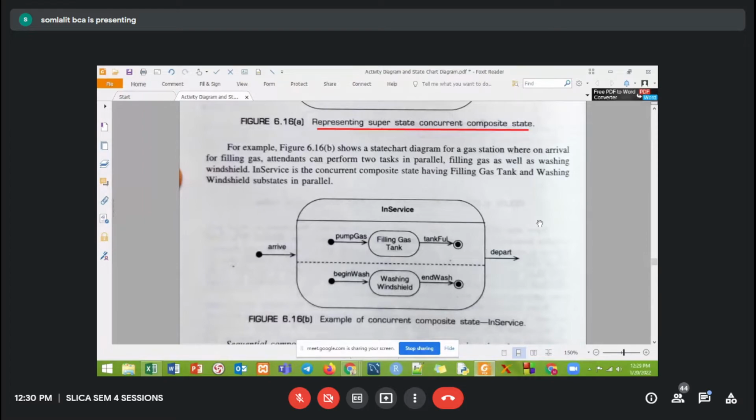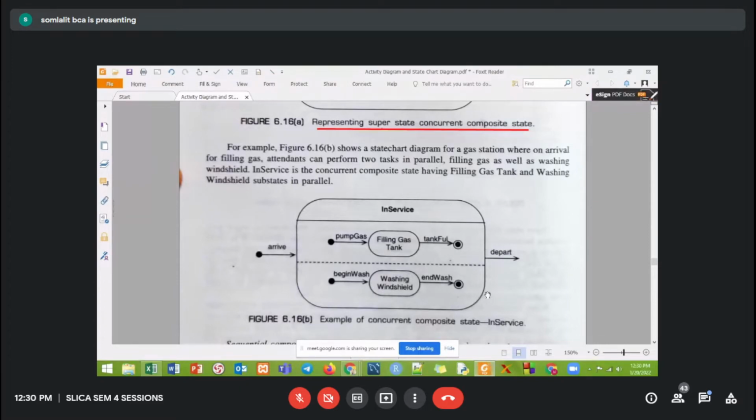So it arrives over here. Arrival is the basic initial state. The ending state is the departure. You can show a circle over here, the bullseye, and the same bullseye over here. And these two are the concurrent composite states. Filling the gas tank and washing the windshield are composite states, but they are concurrent.